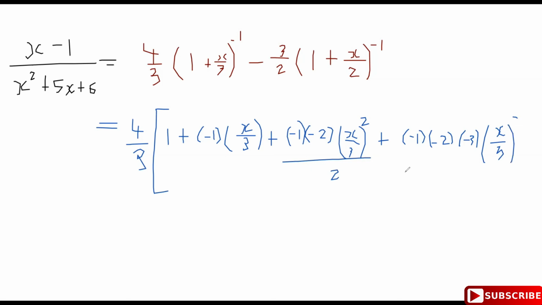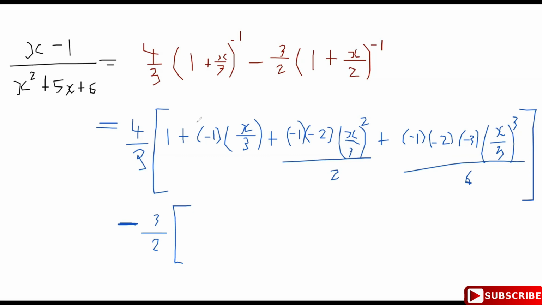I know this one is a lot of work. 3 factorial is 6. Close up that bracket. Minus 3 over 2 times, in here now, this part. Let's do that part in a different color.